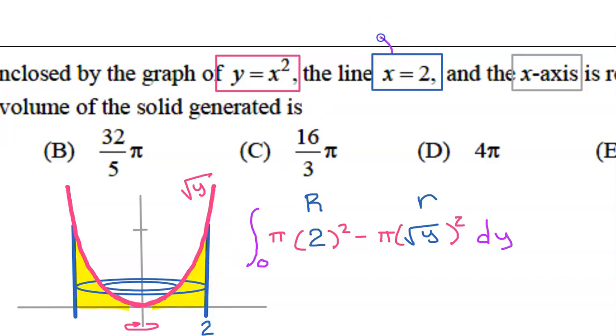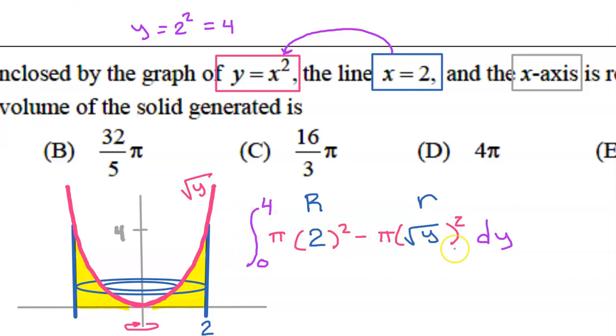So we can just substitute the x value of 2 into the equation y equals x squared. That means that y is equal to 2 squared, which equals 4. That tells us that 4 is the intersection point and 4 is the upper limit.